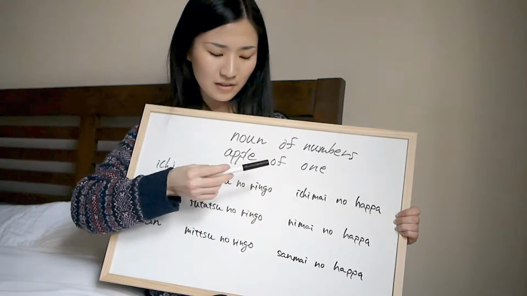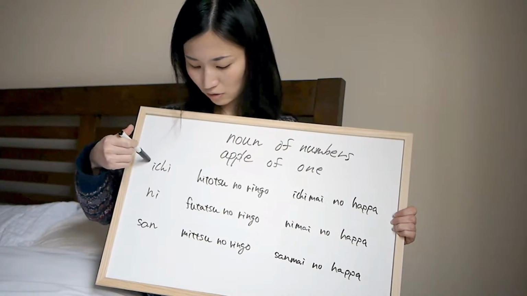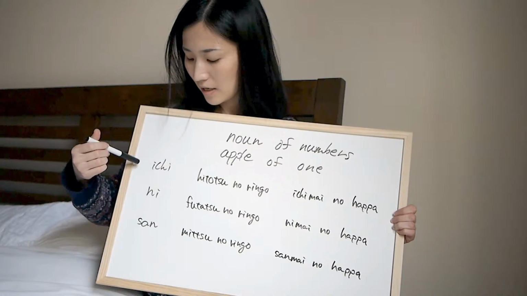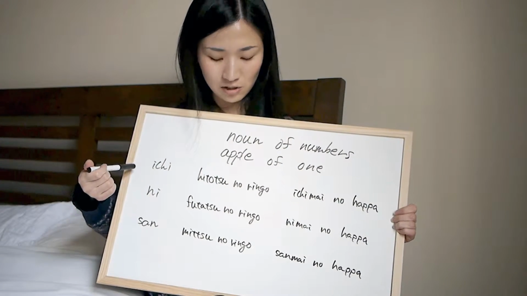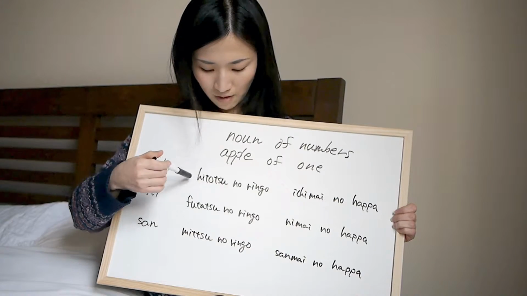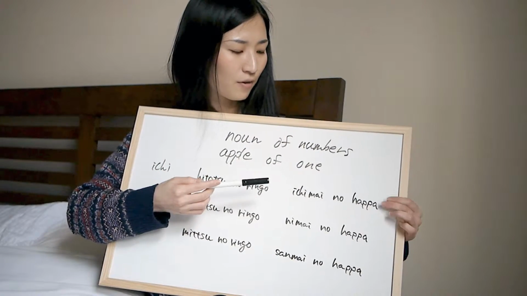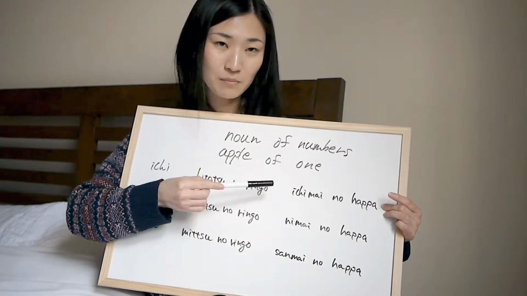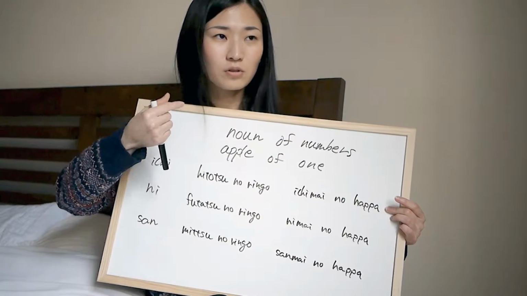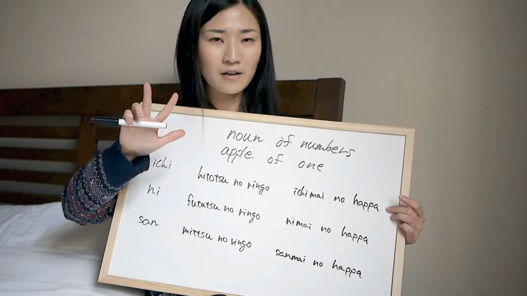So you can see that for 1 there are already three different styles. The pure number is 1, for apples 1つ, and for leaf 1枚. So 1, 1つ, 1枚, three different ways of 1.